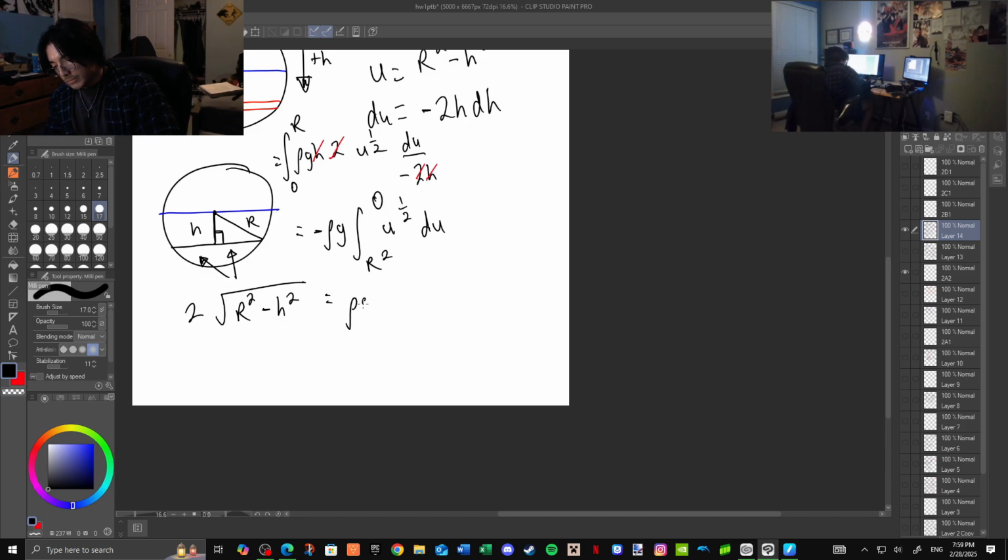So we have rho g, and then we take the integral of this. That would just be 2/3 u to the 3/2, and then the new bounds would flip.